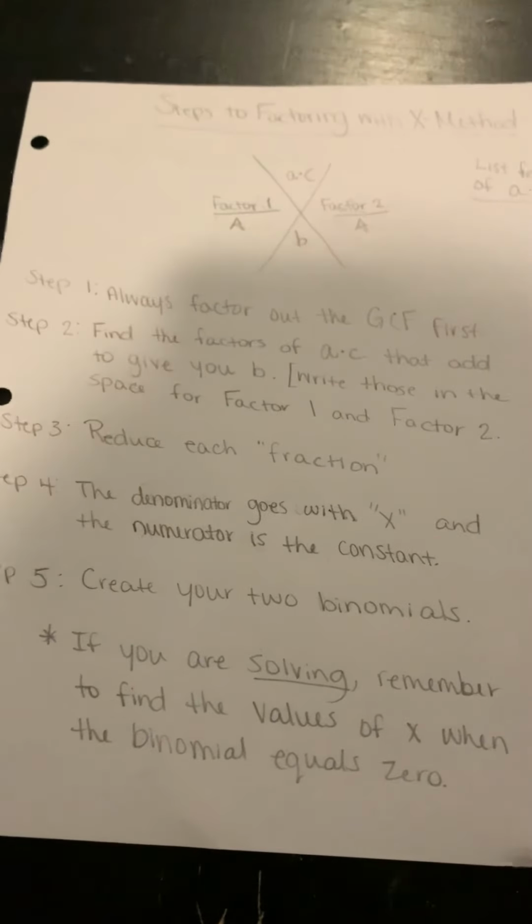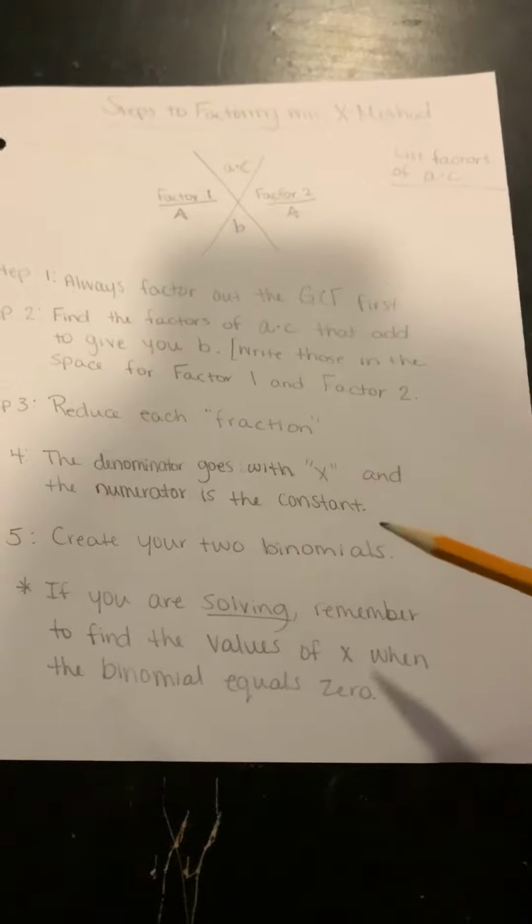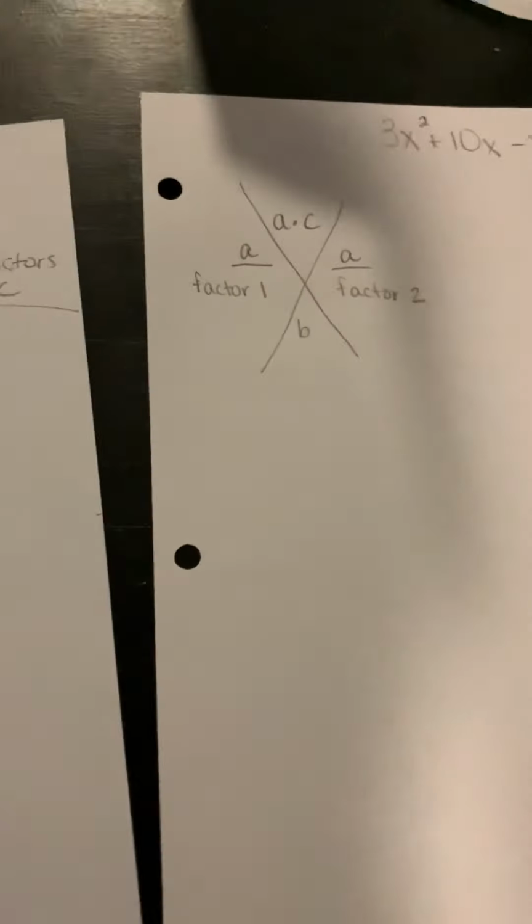So I'll actually work this out as I go through the steps. I'm going to put this on Schoology so you have a copy of this as well as this example when I finish. So let's set up our own over here.